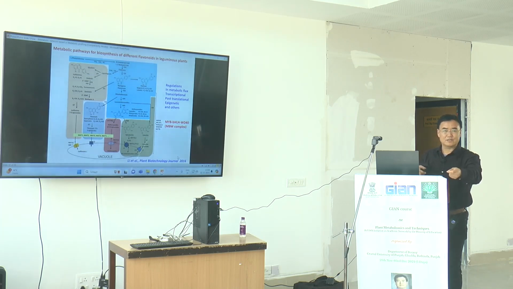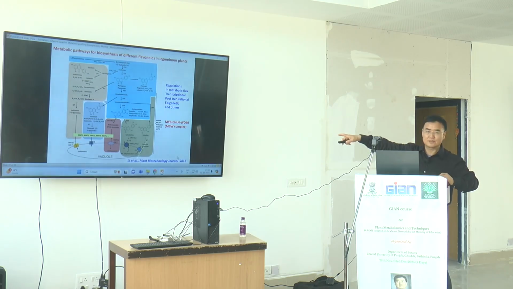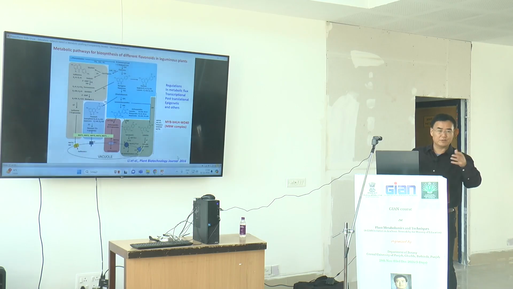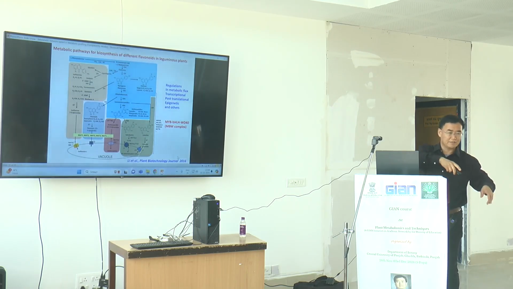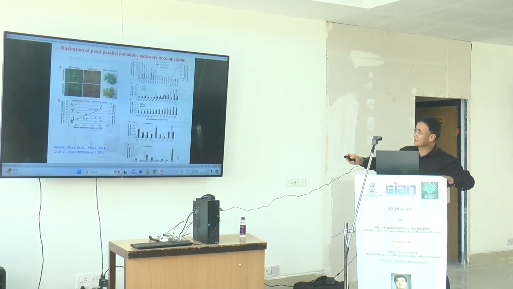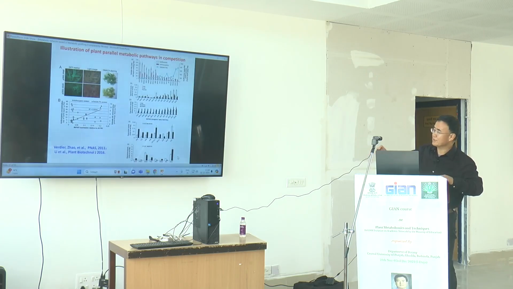Yeah, this is also obvious. But in soybean or other legume plants, if you have more S-cynin, then you have less isoflavone. If you have much more isoflavone in the root, then you almost don't have no S-cynin. Yeah. So that's in normal condition.